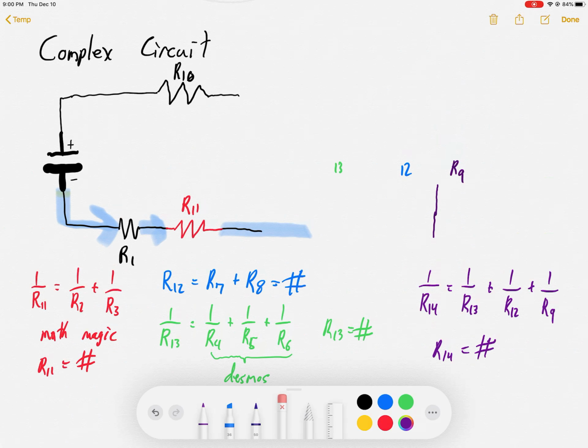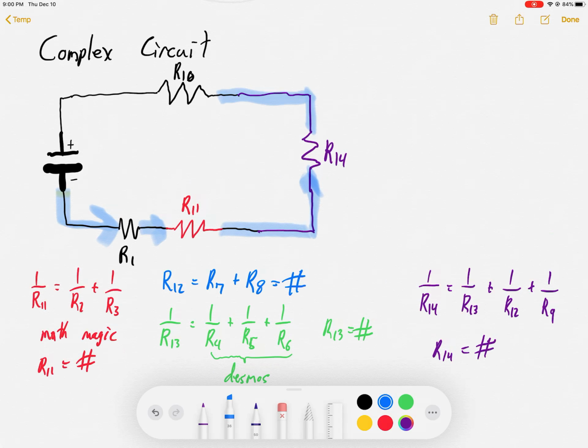And so all of this will collapse down into an equivalent single resistor. And before I finish this, it's not that we actually changed the circuit.